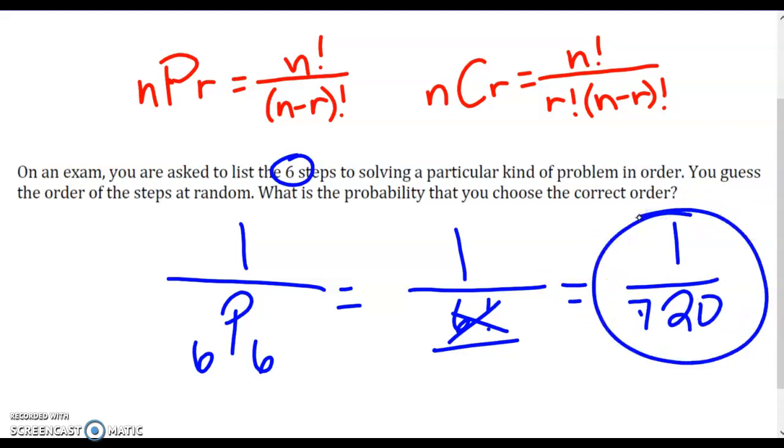So if you think about that, it says you're asked to list 6 different steps, and order matters in this case. So there are 720 different orders that you could put this in, but only one of them is correct if you randomly choose them. That means you could do like 1, 2, 3, 4, 5, 6, or 1, 2, 3, 4, 6, 5, and so on. Lots of different orders that you could assume, but there is only one correct.